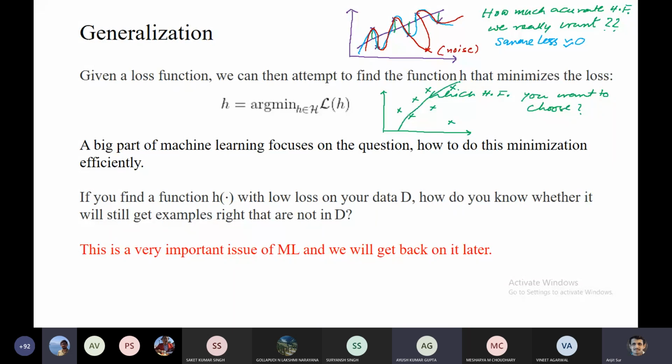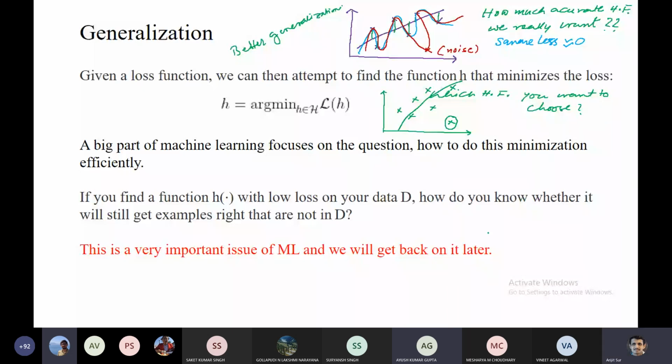This is non-linear, but we ignore this point, for the sake of better generalization. Generalization. What does this mean?